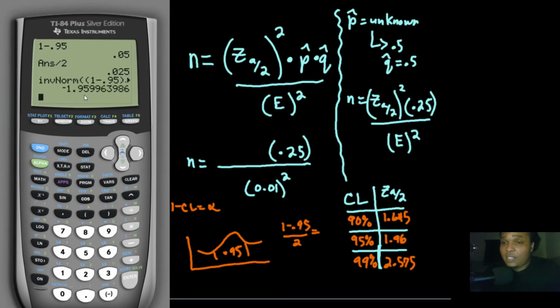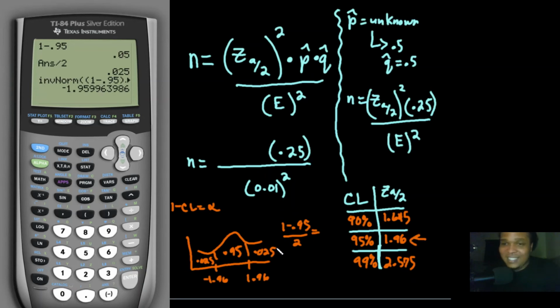Negative 1.96, remember the trick? I told you that the answer will always come out as a negative, but you want to change it into a positive. Okay, so this is 0.025 right here, by the way, and so is this one. We got this one here, negative 1.96, but we want the positive 1.96.